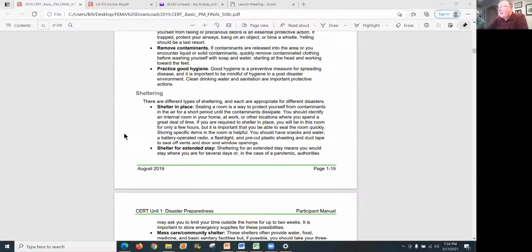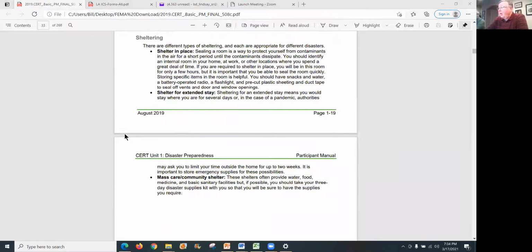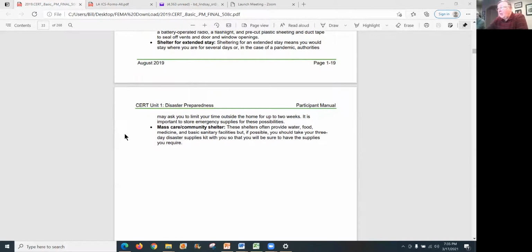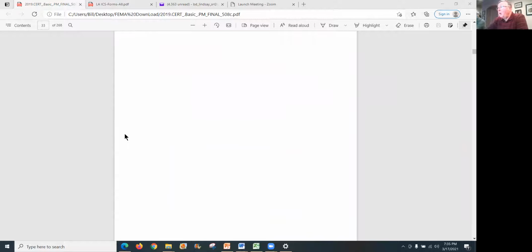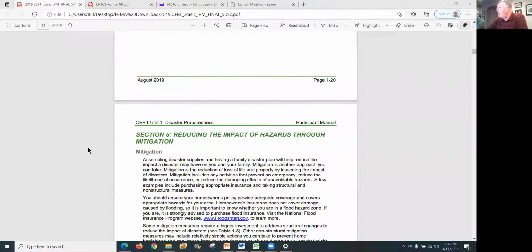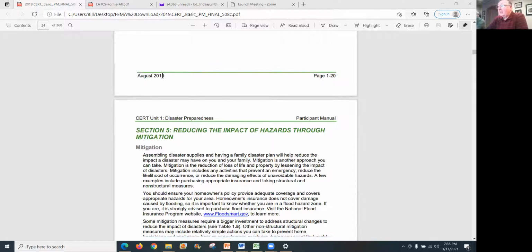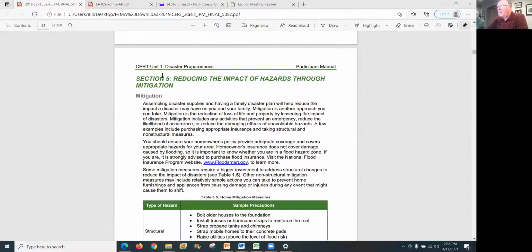So you got to decide, since we got these new houses, to shelter in place or to go to mass care, the community shelter. Most of the LDS buildings, if they're standing, would be open. And I don't know which to tell you to do, because I'm planning on to shelter in place unless my property is destroyed.